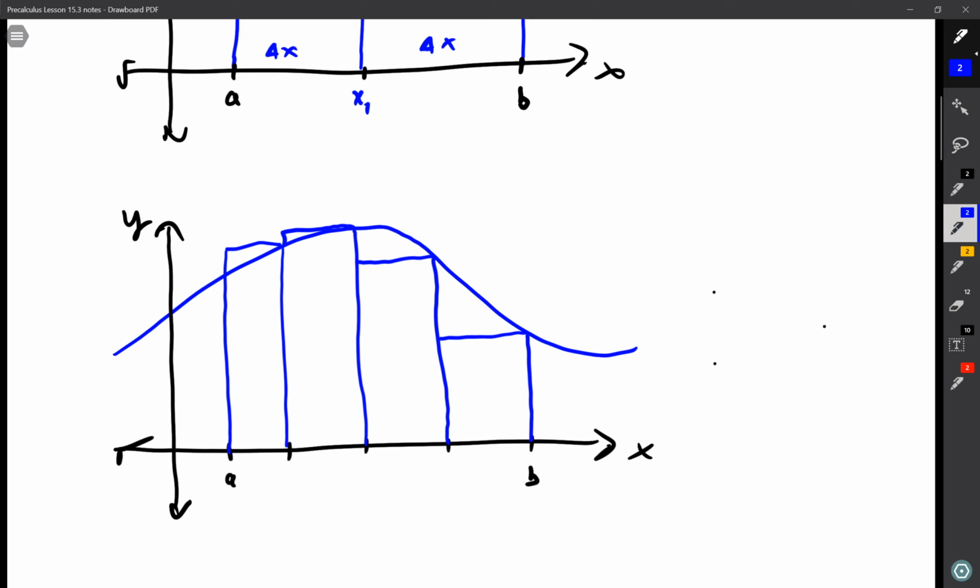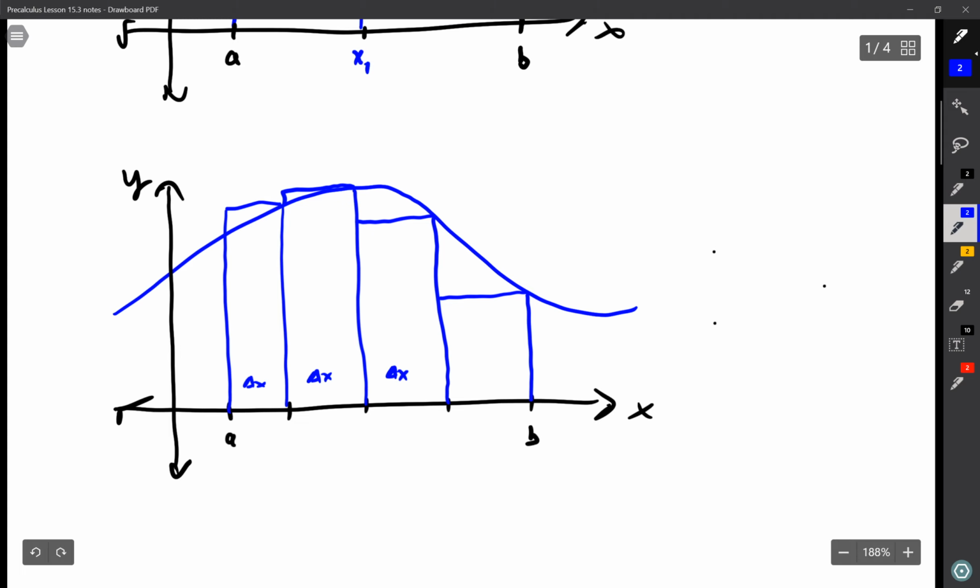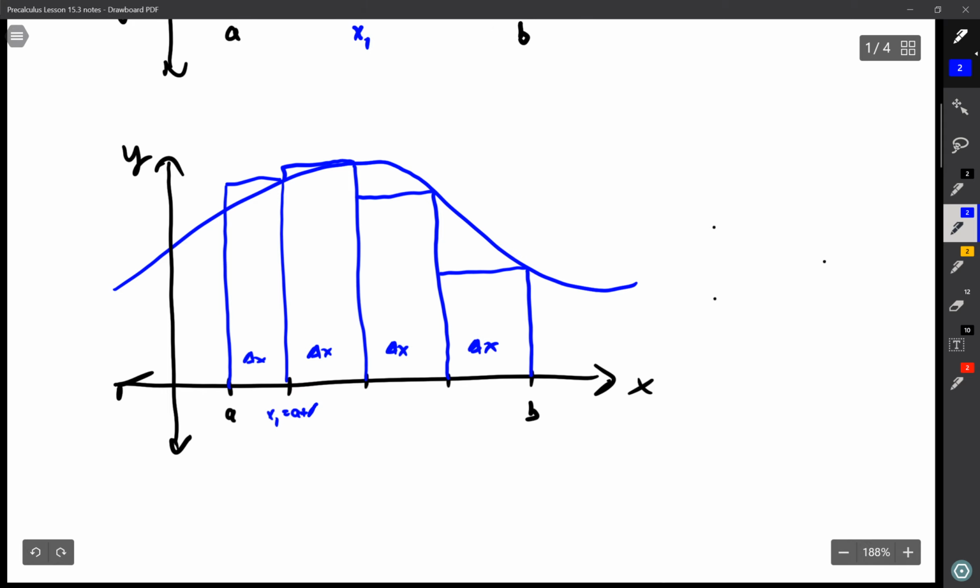So we could also define this x value here. So we have a delta x, right? And another delta x, and another delta x, and another delta x. And we could say that our first x value here, x sub 1, is a plus delta x. So take our initial value, add 1 delta x. This x sub 2, we could say is a plus 2 delta x.